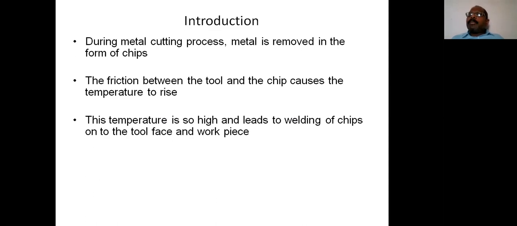The temperature of the cutting tool and the component may reach the weld temperature, which may lead to formation of a weld pool.